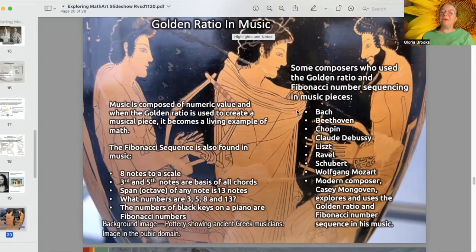Perhaps you have heard the music of Bach or Beethoven or Chopin, Claude Debussy, Liszt, Ravel, Schubert, Wolfgang Mozart. And this wouldn't be complete without at least one modern day golden ratio music producer. Modern composer Casey Mungovan explores and uses the golden ratio and Fibonacci number sequence in his music.